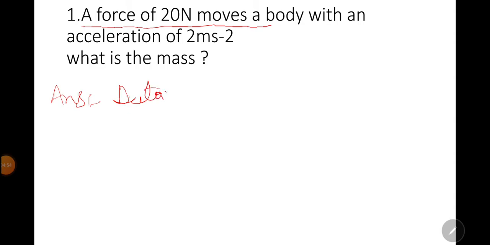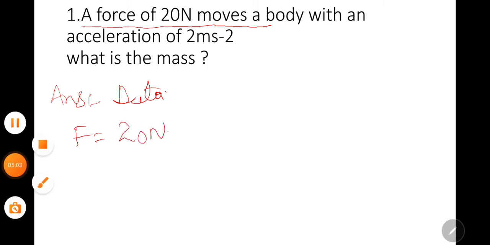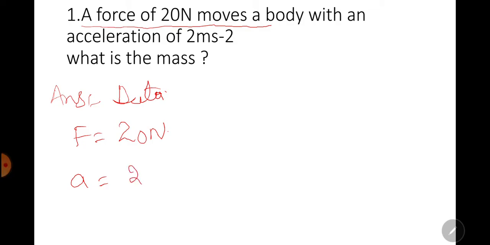Force is 20 Newton, with an acceleration. Acceleration is 2 meter per second square. Find the mass of the body.